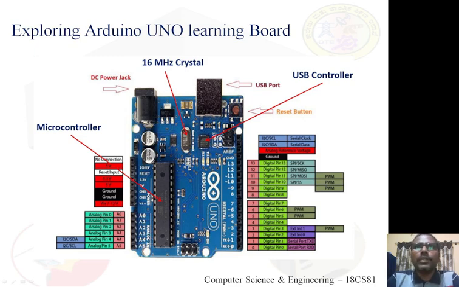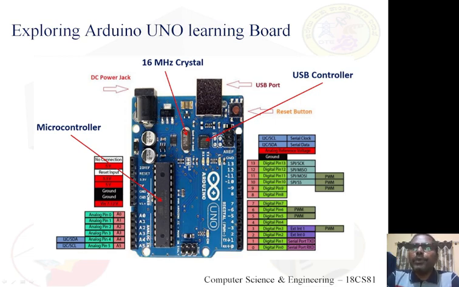That's a microcontroller which has the processor Atmega 328P. Clear? It has digital pins, analog pins, PWM output pins, SPI pins, everything. Now, the DC power jack that you are seeing is an adapter through which you will power on the Arduino.